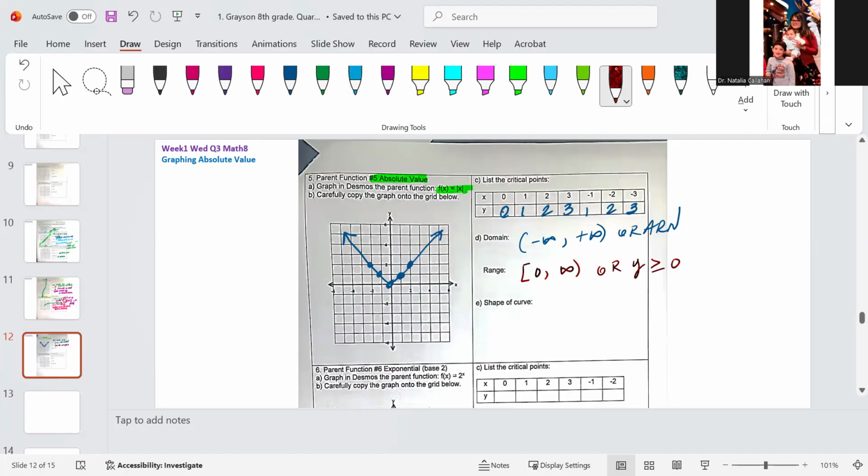What shape of a curve is it? It's V-shaped, or based on what you called it from the last two, what is another name you can call it?